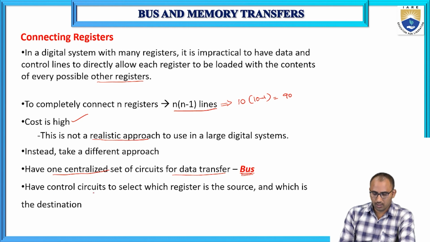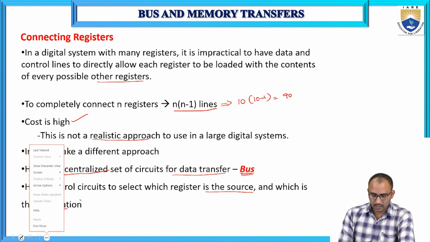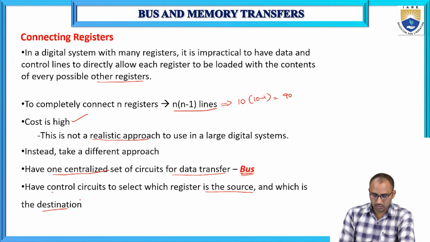We also have a control circuit to select which register is the source and which register is the destination. We need the control circuit because in a digital system we have a large number of registers, so we need to specify from which register to which register we are transferring the data.